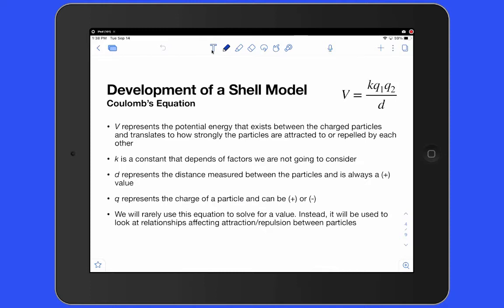I'm going to expect you to be able to use that equation to at least make predictions or comparisons, understanding that negative is attraction, positive is repulsion. If you understand the trends, or the comparisons that we're going to make in class, you're good.